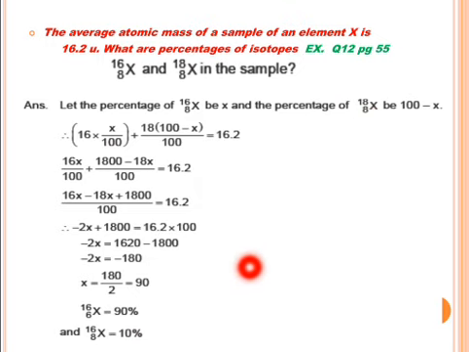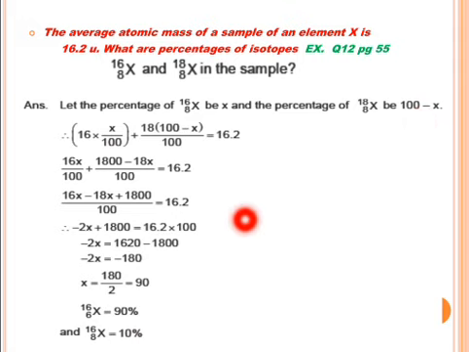It comes out to be 100 minus 90 is equal to 10%. So the percentage of the isotope of element X with atomic mass 16, that is X16, comes out to be 90%, and the percentage of the second isotope, that is X18, comes out to be 10%.